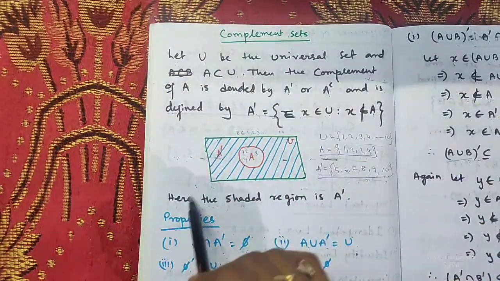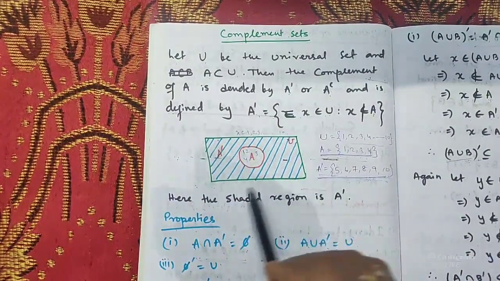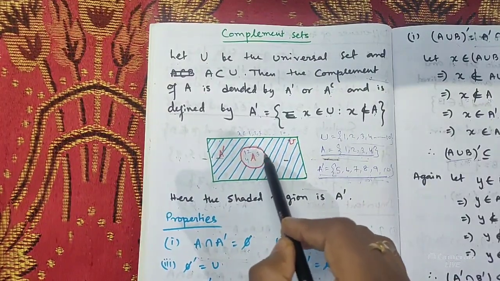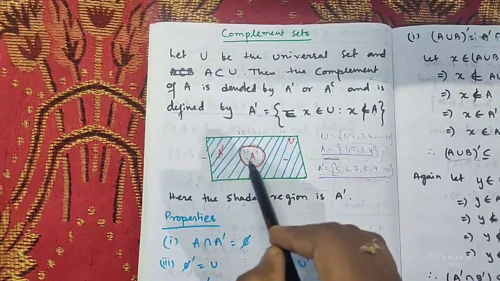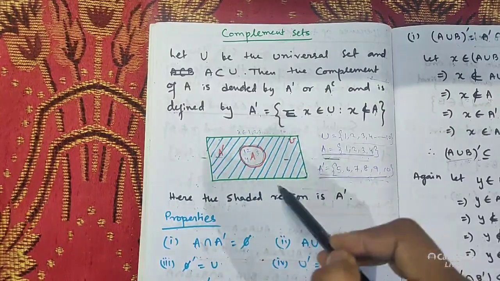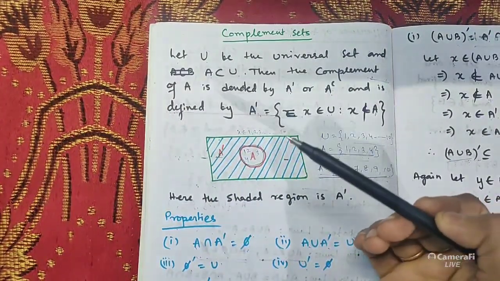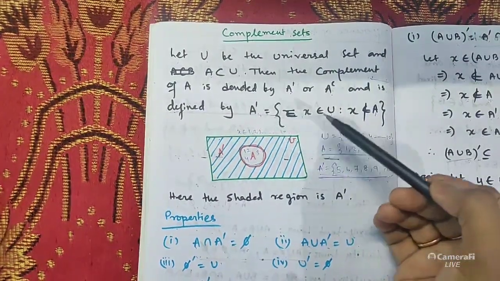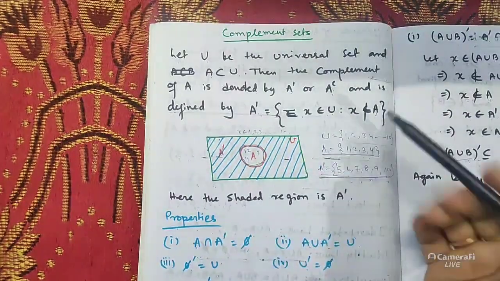So if this rectangle denotes the universal set and this circle denotes set A, the elements of this set A we can't take. So the remaining elements will be A complement. So what is the meaning of A complement? A complement is a collection where the elements belong to the universal set but do not belong to that set.